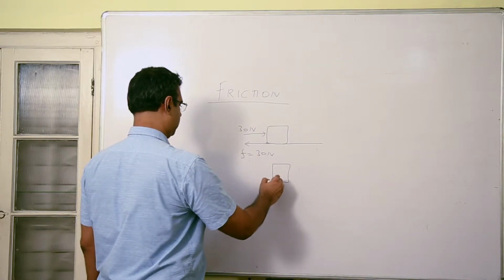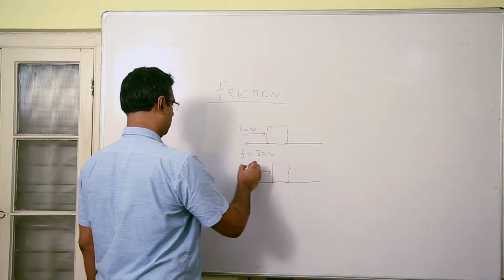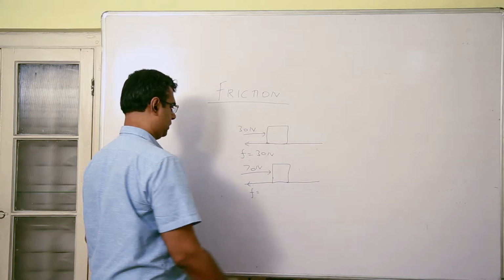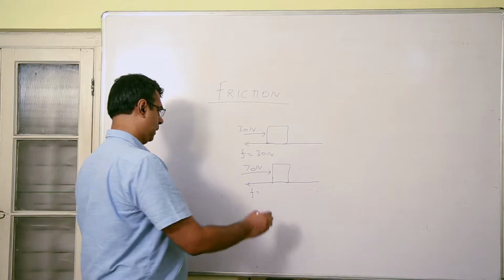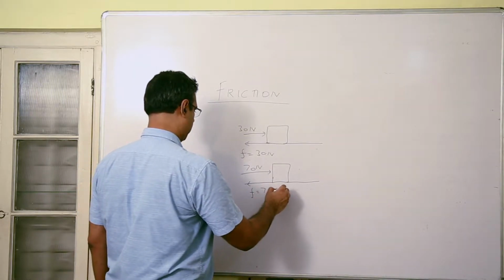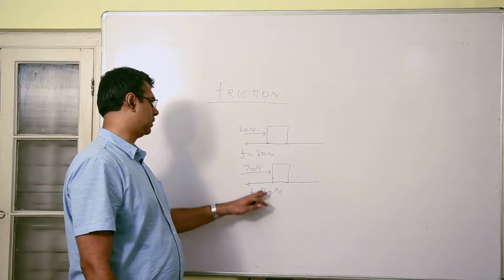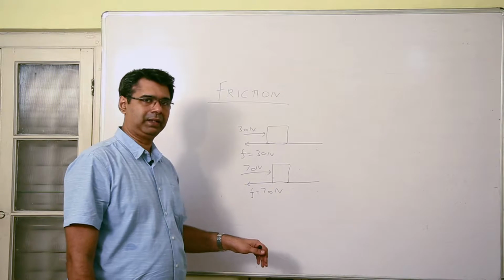Now let's say this person increases the force to 70 Newton and still the block does not move, the block is still at rest. This means that now the friction force has become 70 Newton. So friction is acting opposite to 70 Newton and it is equal in magnitude.